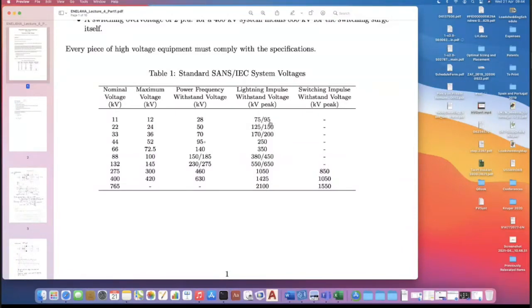The reason that this is much higher than the power frequency withstand voltage is because there's a difference in how long the voltage is applied to the system. Lightning is a quick flash, so it's in the microsecond range, whereas the power frequency is in the tens of milliseconds range.